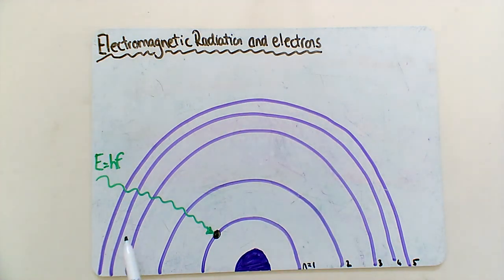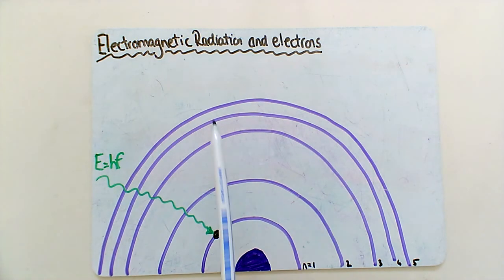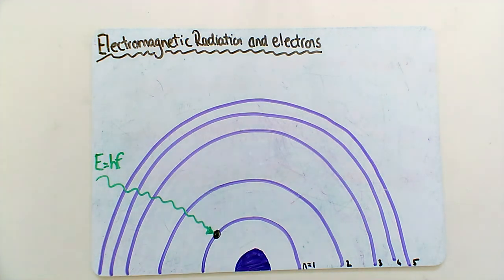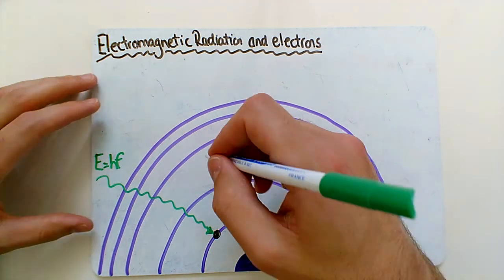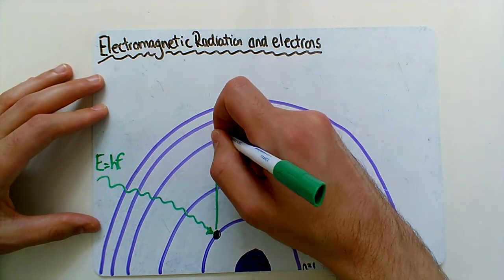And if it actually has enough energy to break free of all the energy levels, then the electron will completely leave. And that's what we would call the ionization energy, if there's enough energy for it to get just beyond the final shell, it will completely leave and we'll have ionization. In this example, we're going to say that it gives it enough energy to go to n equals 4.